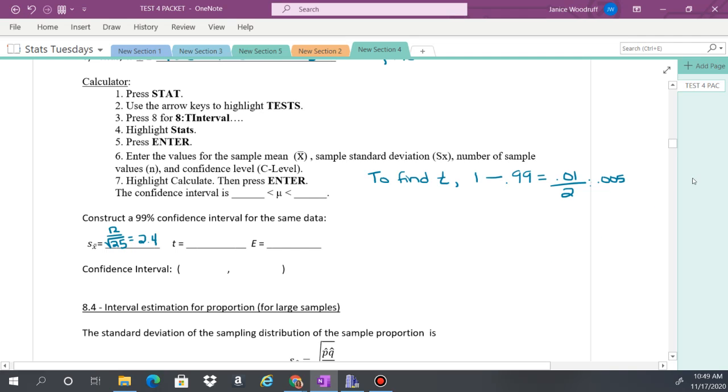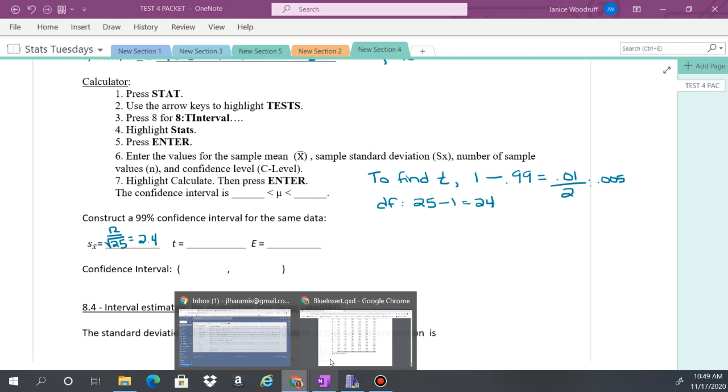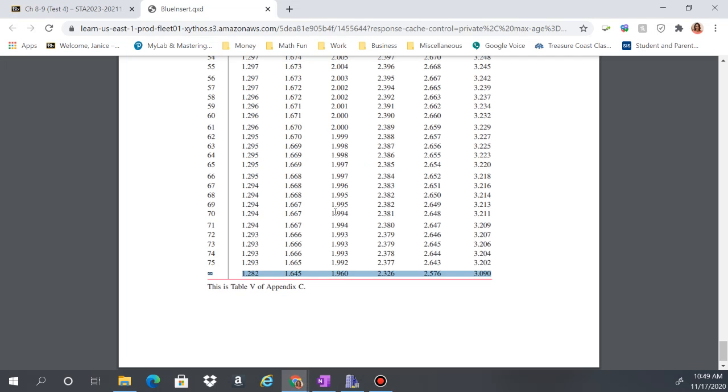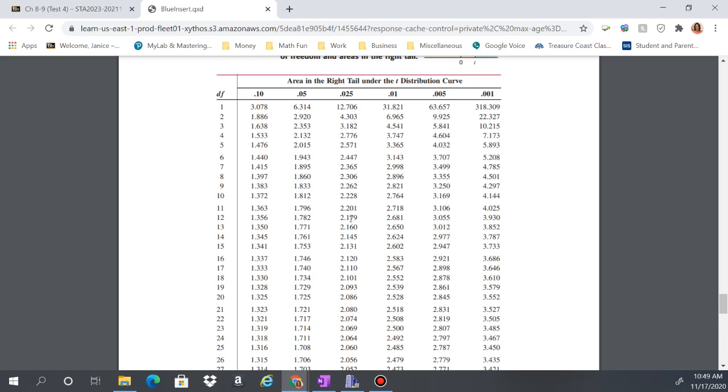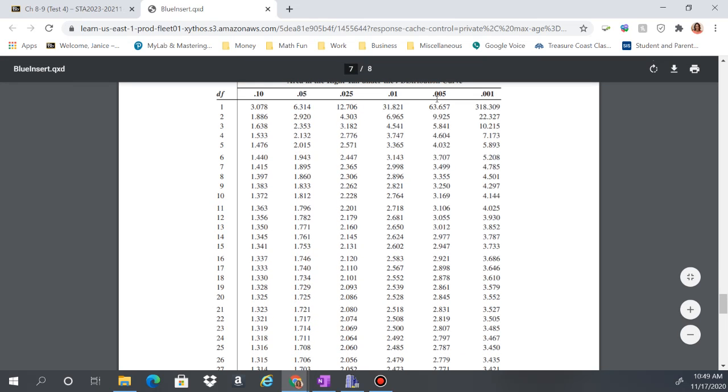We're going to take that, we're going to look that up in the t-table with the degrees of freedom, n minus 1. So 25 minus 1, 24. So I go to this t value and I go to degrees of freedom 24. And then let's see, 0.005, that's over here. So this 1, 2, 3, fifth value, fifth row, 24, that's going to be 2.797.